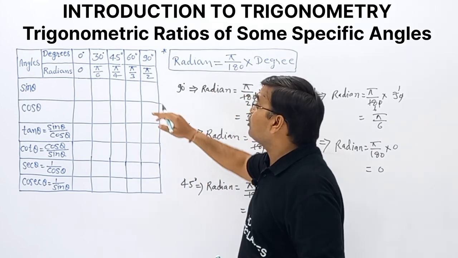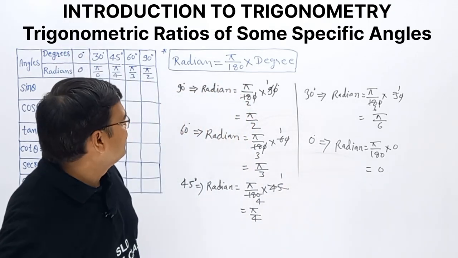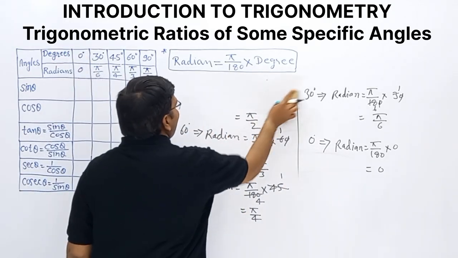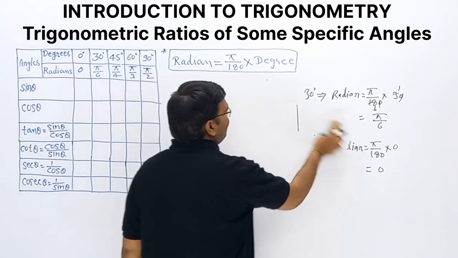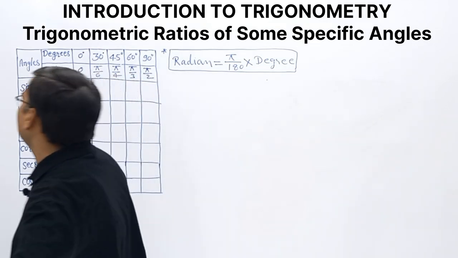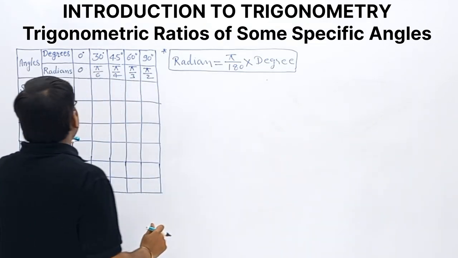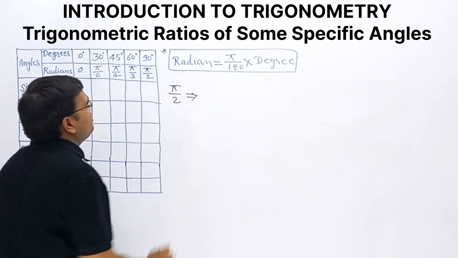And we can also convert radian to degree. If the angle is given in radian and we want the degree value, how will we convert? The question is that we have pi by 2. Listen carefully.